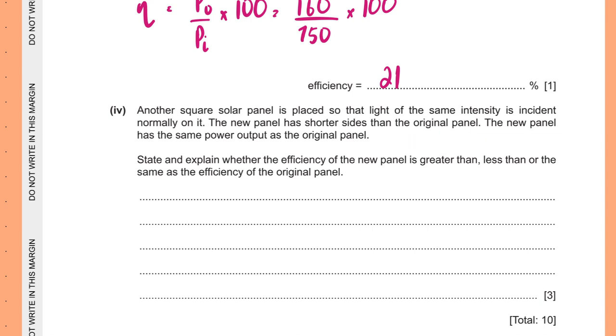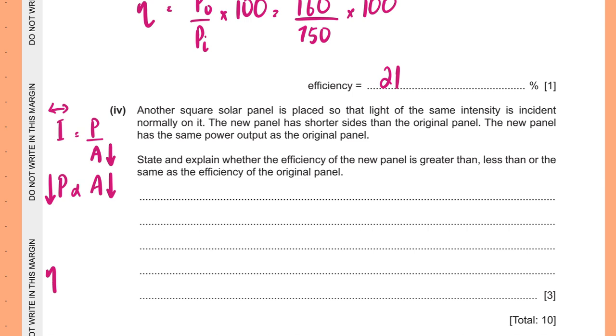So if I think about the intensity, which is power over area, intensity is the same, and the new panel has shorter sides, so the area goes down. So I can say that because intensity is constant, basically power is proportional to area. So if area goes down, then the input power is also going down. And it has the same power output, and we have to comment on the efficiency.